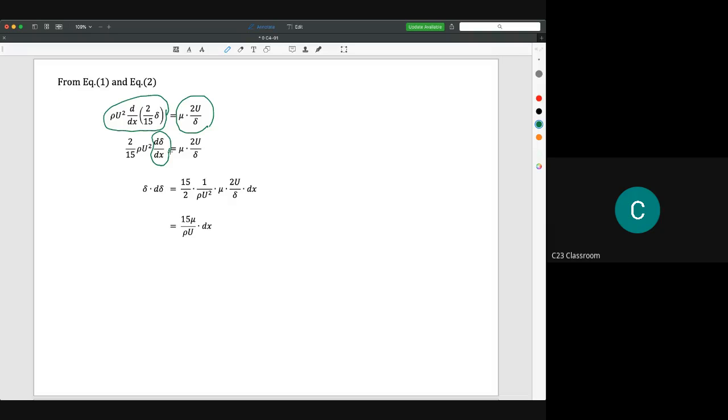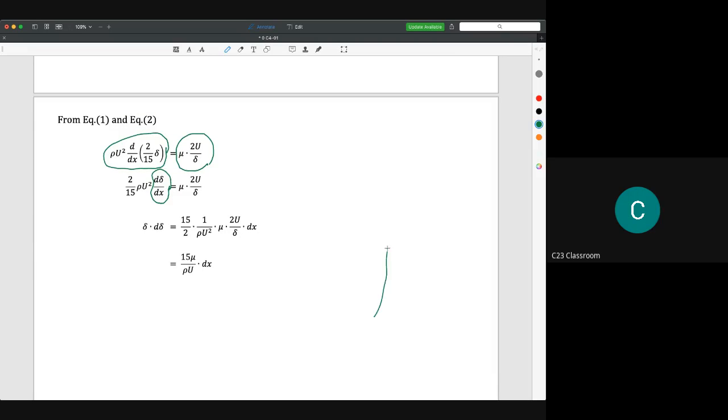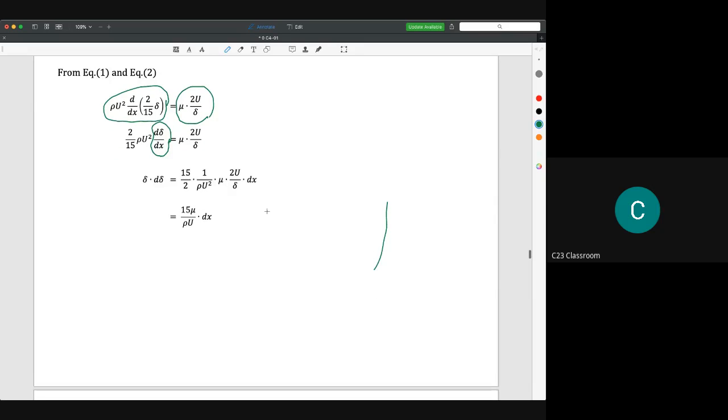But before that, we need to rearrange the equation. So we have delta times d delta on the left, and all the parameters on the right side. Then we could simplify this term as 15 mu over rho u dx.